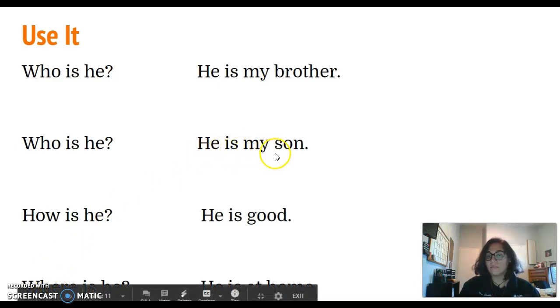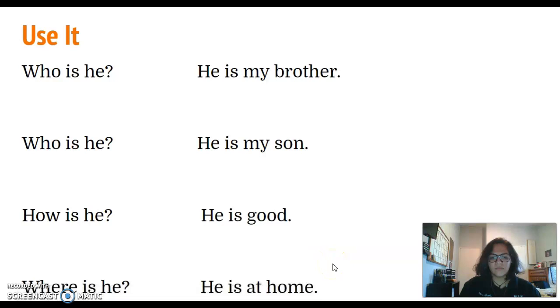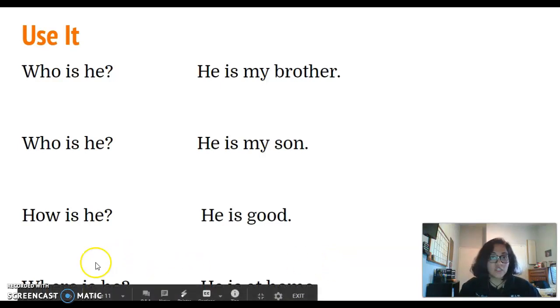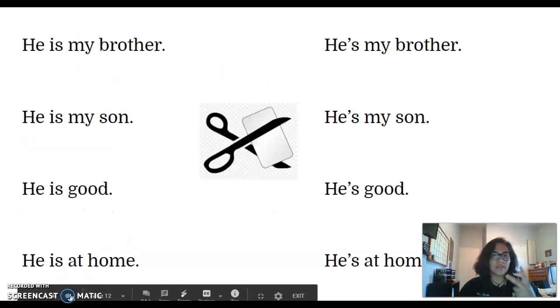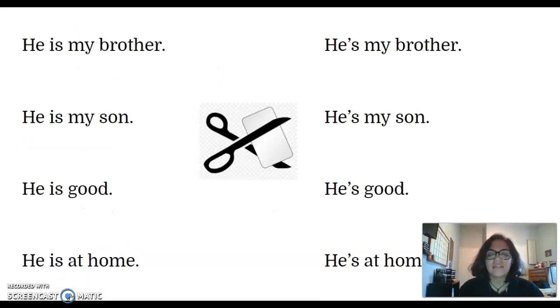He is my son. He is good, or he is at home. But using the contractions, we can cut, and now it says, he's my brother. He's my son. He's good. He's at home. So he is becomes he's.